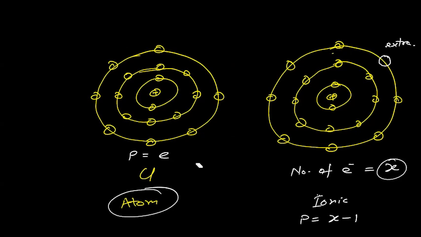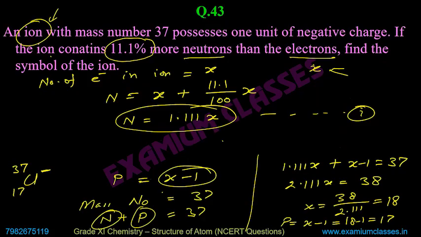Yes, sir. In neutral atomic form, the number of protons and electrons will be equal, but because I have assumed x as the number of electrons in the ion, I have to deduct one electron to get the number of protons. So from here I got P equals x minus 1, and from the given statement that neutrons are 11.1% more than electrons, I got this equation.